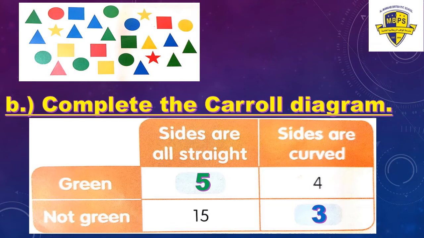Very good. We have 3 circles which are not green in color. Okay, you can see one circle is red, the other one is blue and yellow. Okay, so we have 3 circles which are not green. Very good, children.